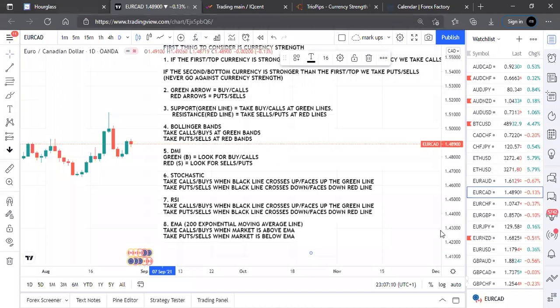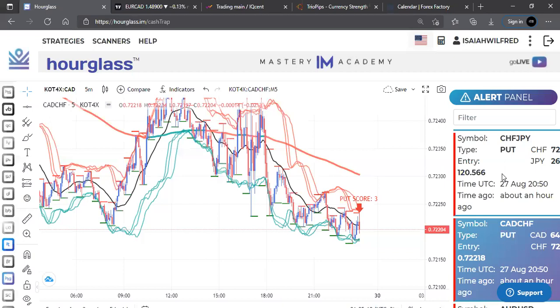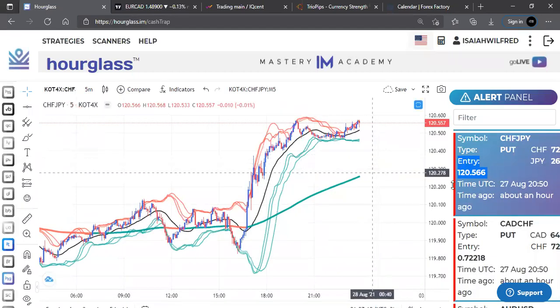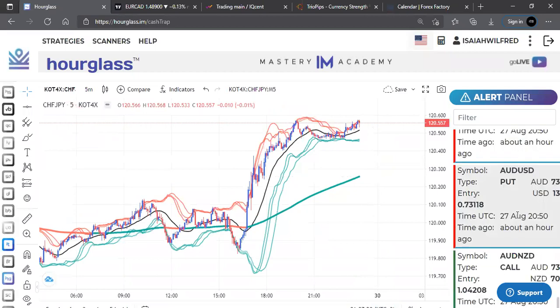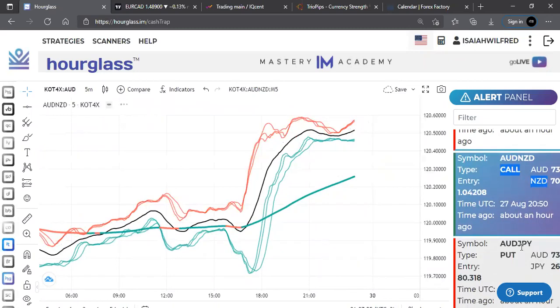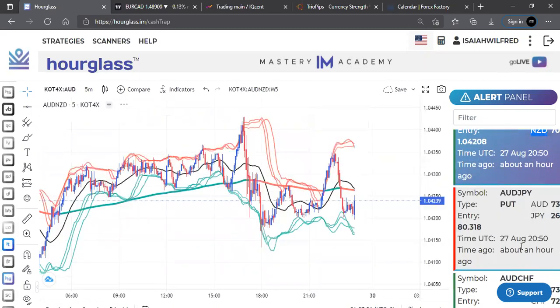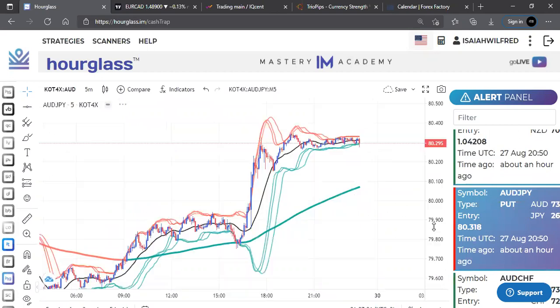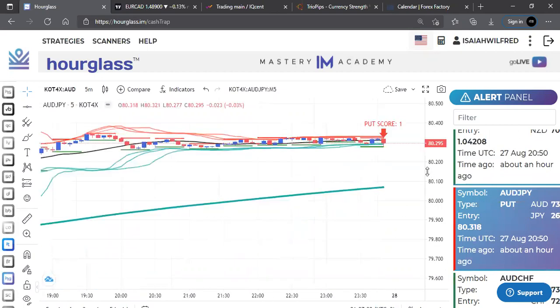Let's assume this one is a live market. When Cashtrap is closed, or when the market is closed, I'm not sure Cashtrap gives us support and resistance lines again. But anyways, okay, this one gave us.